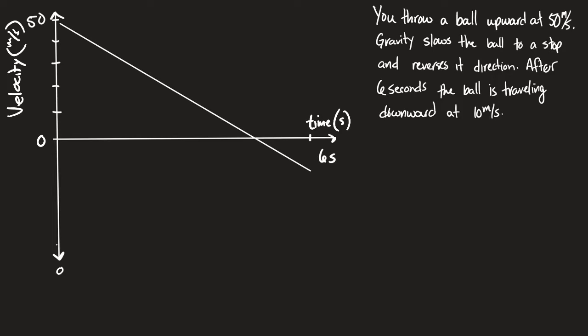Because I assumed that, I picked a point here to start my line and a point here to end my line. I knew at 6 seconds I had a velocity of negative 10 meters per second. That's on the opposite side of the axes. I made an even increment in my head and drew a straight line to connect them. That is all I've done.